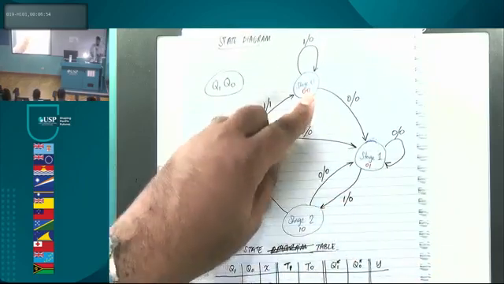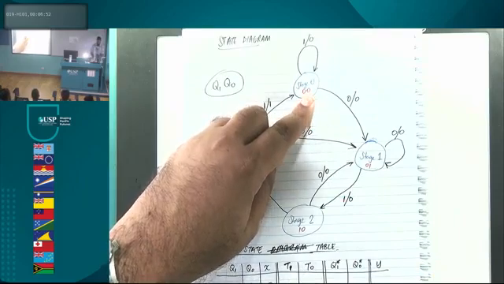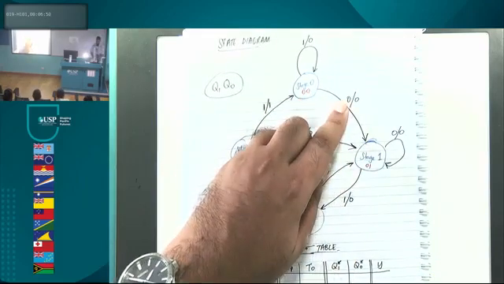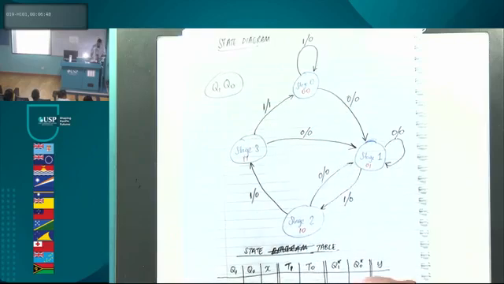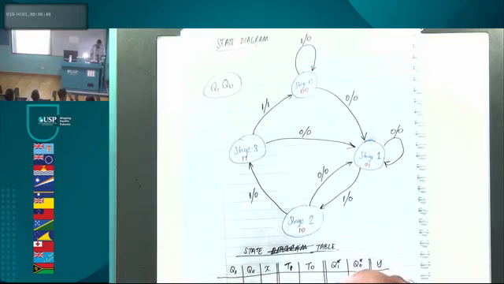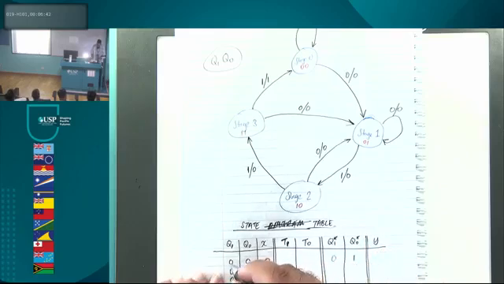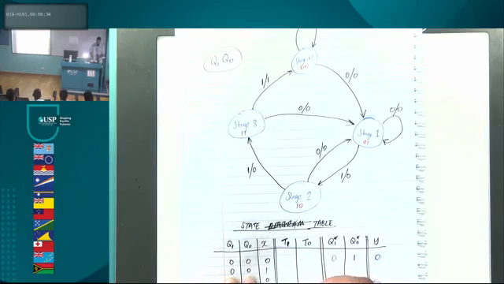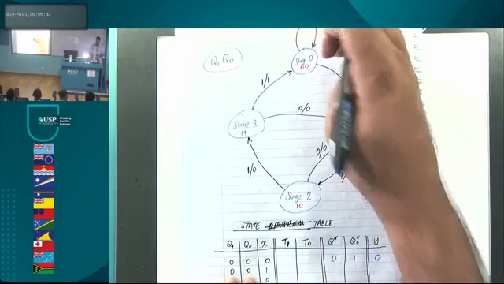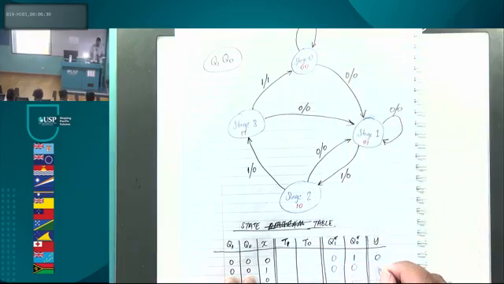Okay, now, let's see. 0, 0 goes to what? Tell me, guys. Help me out now. 0, 0 goes to 0, 1. Input is 0, output is 0. Okay, next one, guys. 0, 0, input is 1, stays at the same place, right? Output is 0.